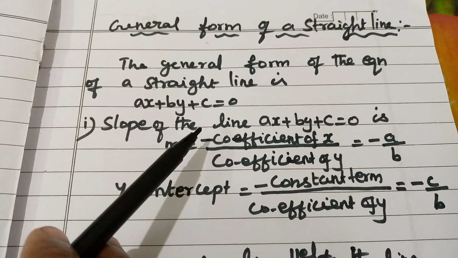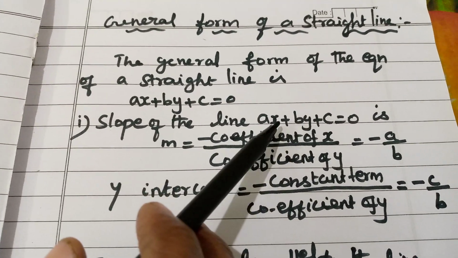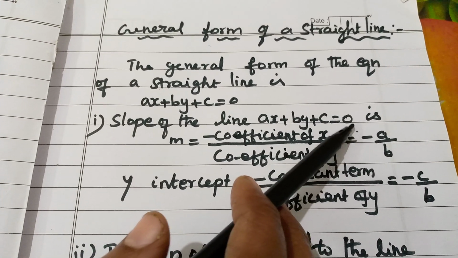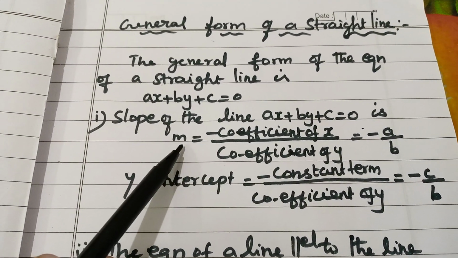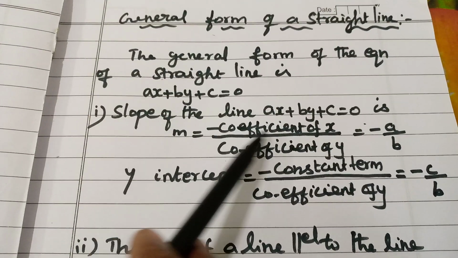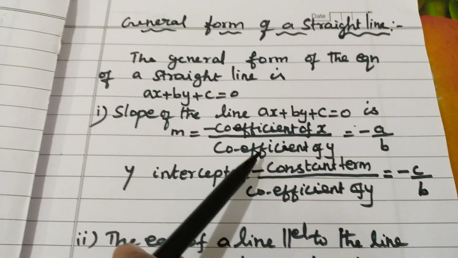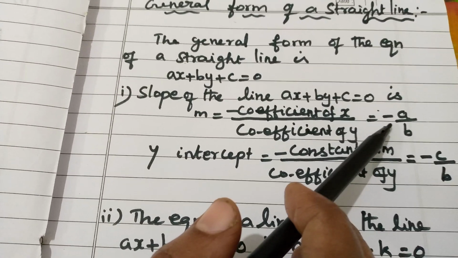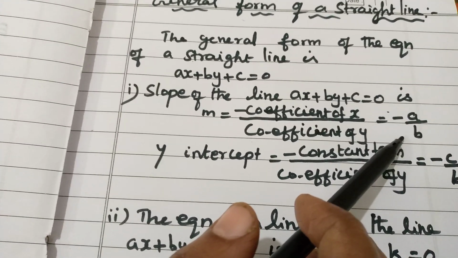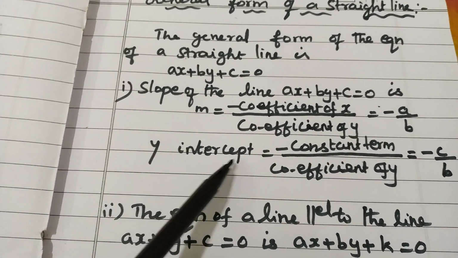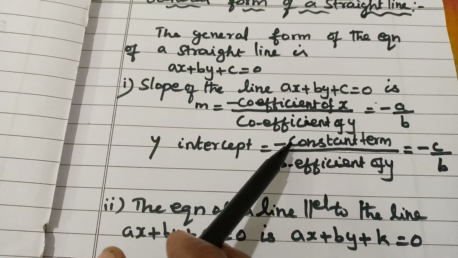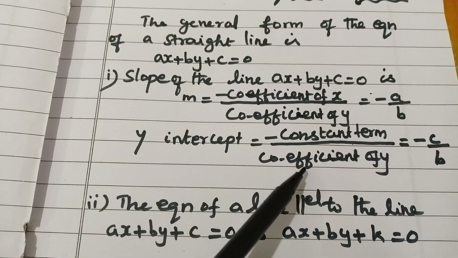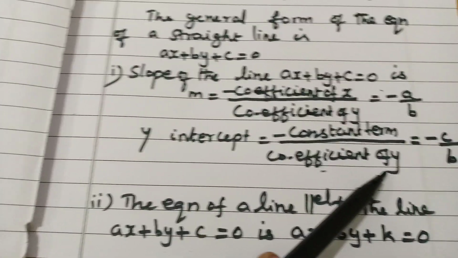Here, the third formula: when there is a line ax plus by plus c equal to 0, slope m is equal to minus coefficient of x by coefficient of y. Learn this formula. That is minus a by b. Then the y-intercept is equal to minus constant term divided by coefficient of y.